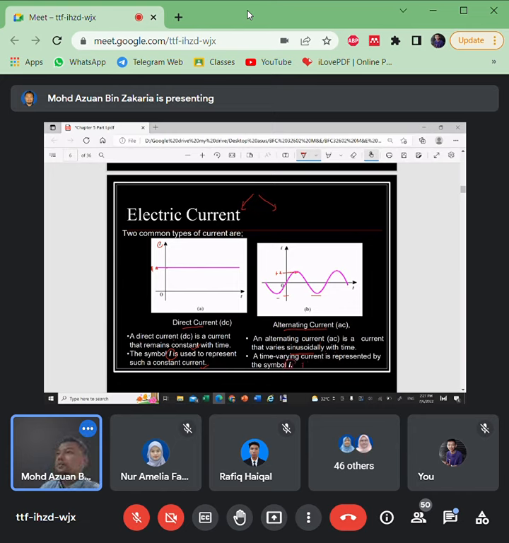i. If some of you don't know why there are two types of current: normally in Malaysia, for domestic electrical supply, the source of current or energy is sent to buildings by alternating current.